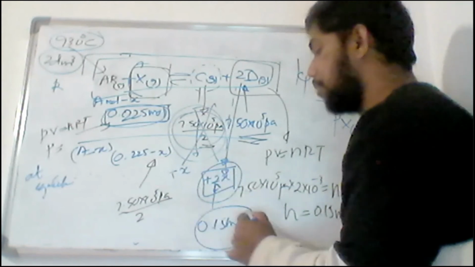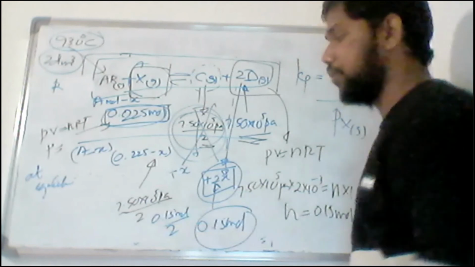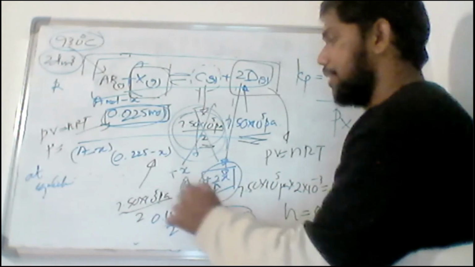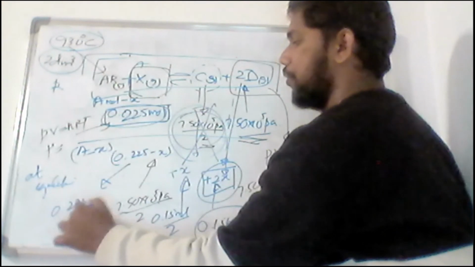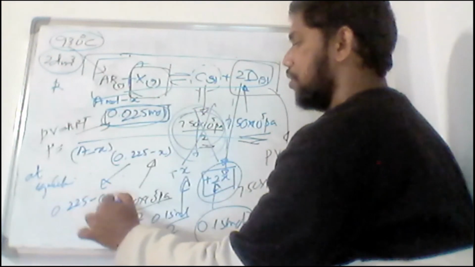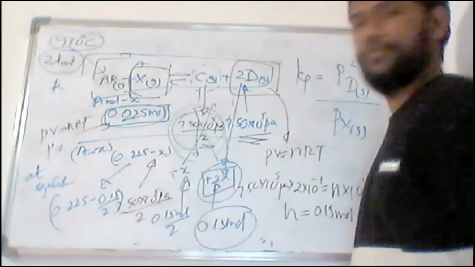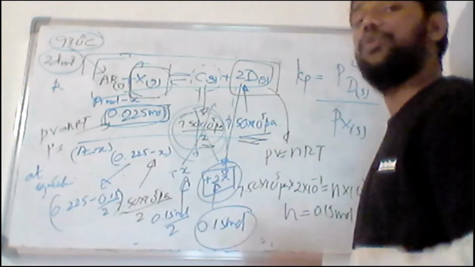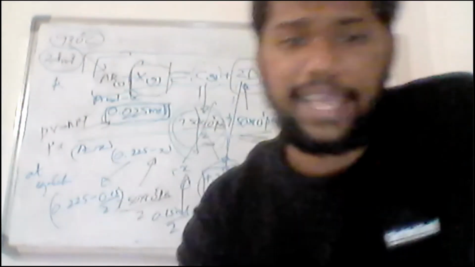So if this is 0.15 mole, divided by 2, which is x. And here you will have X gas 0.225 minus 0.15 mole by 2. So now you know the number of moles of X gas as well.